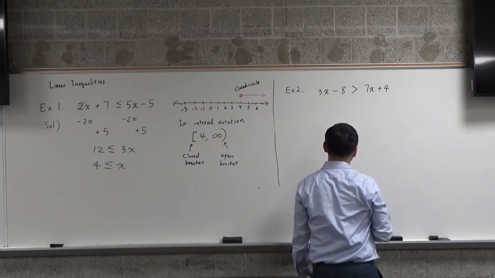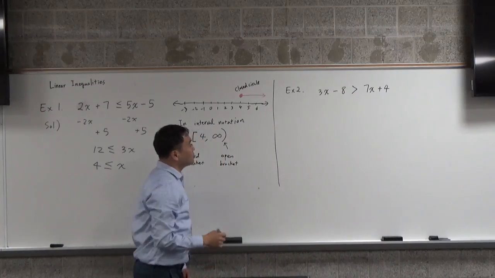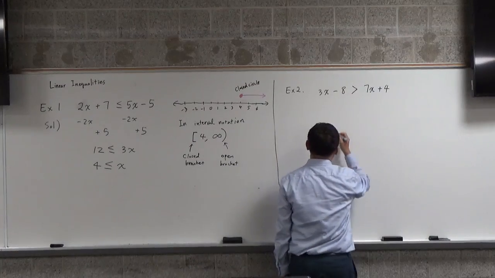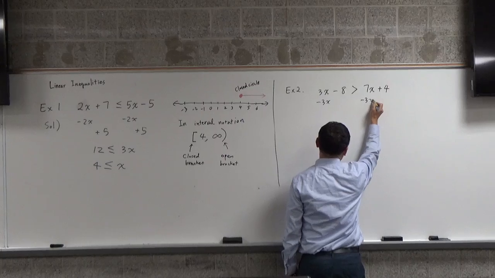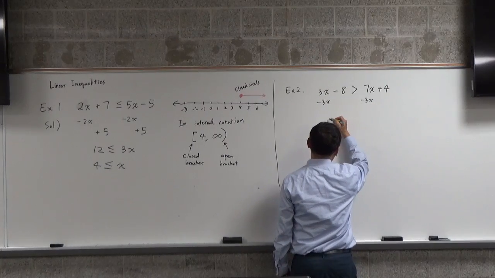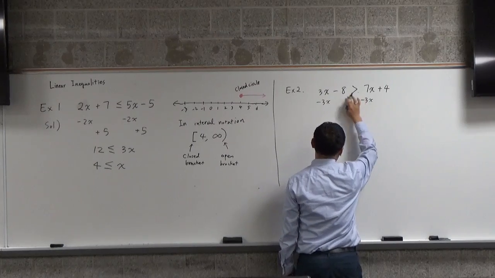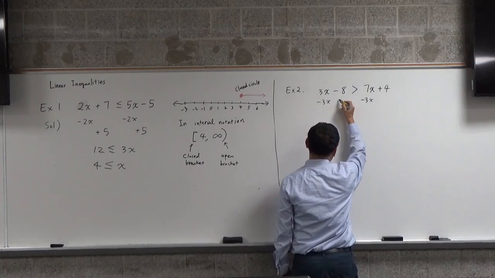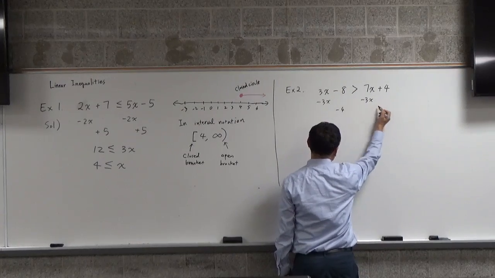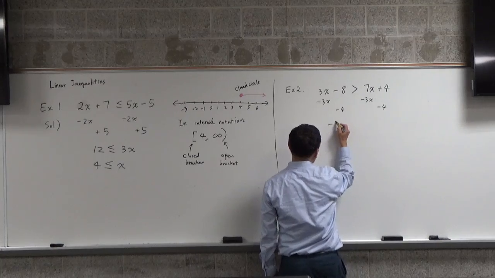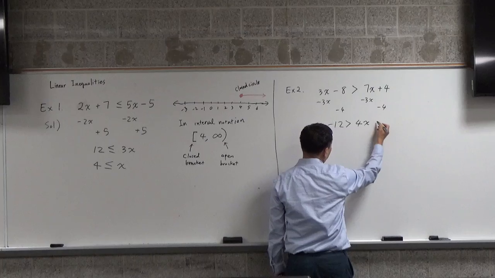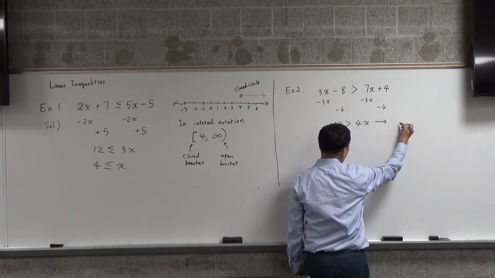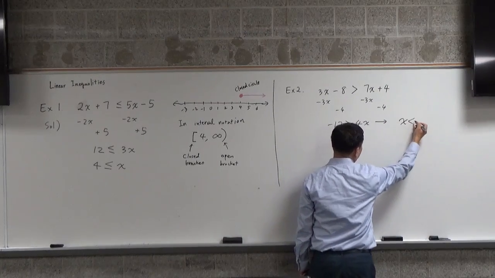So let's try to solve this one. How does that work? Well, subtract 3x both sides. And then subtract 4. So that gives you negative 12 greater than 4x, which solves as x less than negative 3.